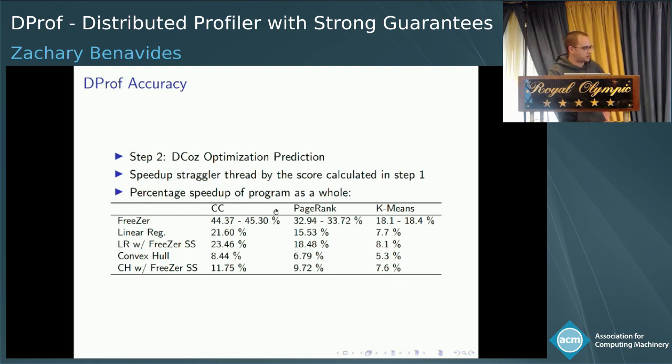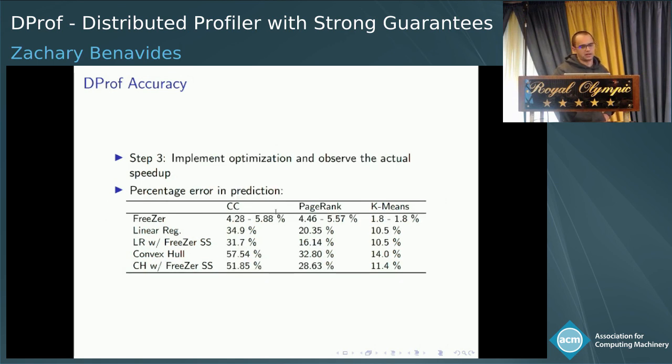This was to give these methods the benefit of the doubt, just in case there was some systematic error introduced by freezer in the first step when calculating straggler scores, or by themselves for that matter. What happens if we essentially remove that source of error? How good will they be? Again, we see vastly different estimates for each of these, and again, we see that freezer is pretty confident in its estimate.